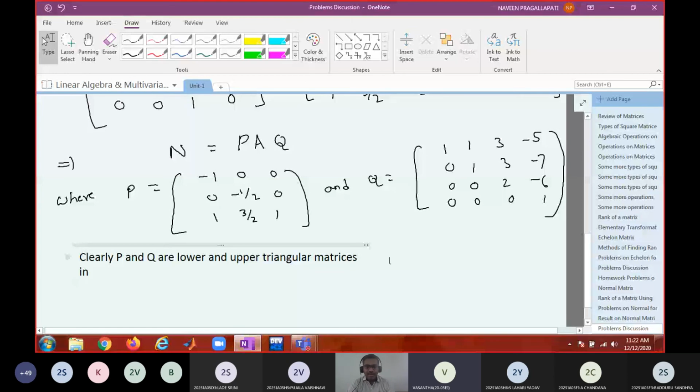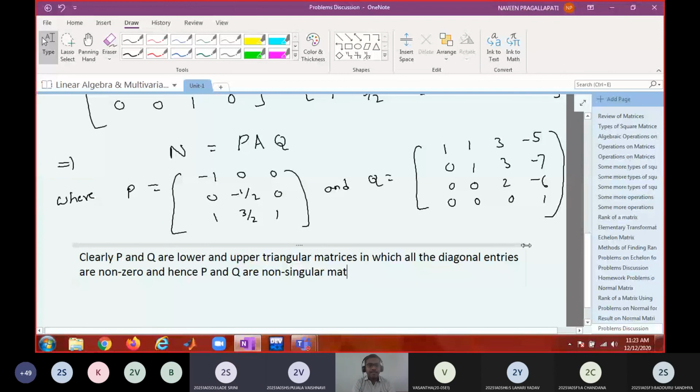Part of the solution. PAQ equal to N. Is it okay?